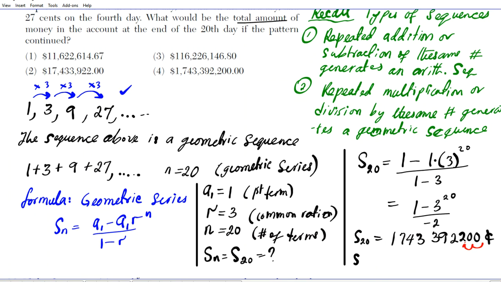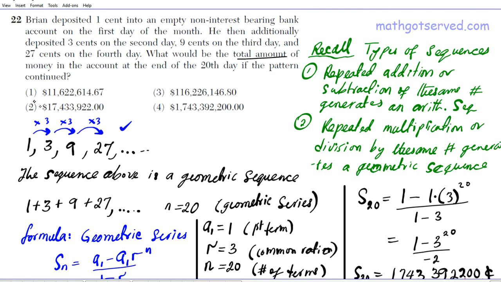So the final answer in dollar terms is 17,433,922. The answer to question number 22 is option number 2.